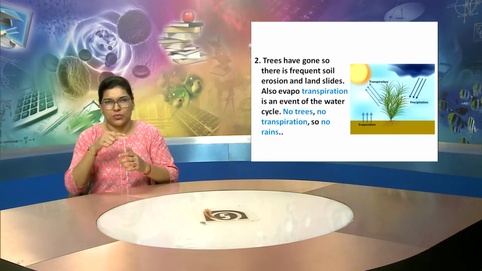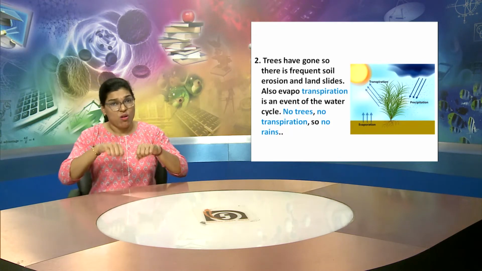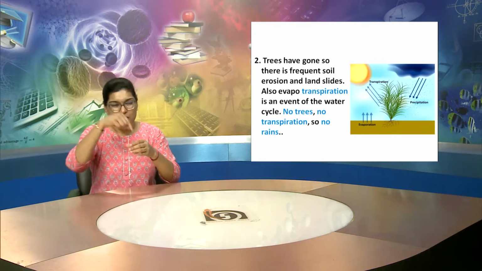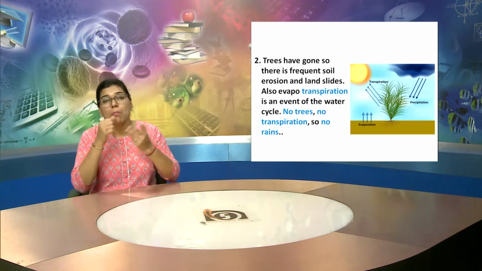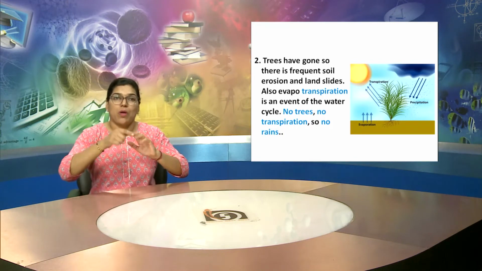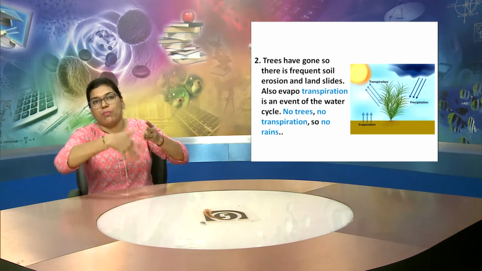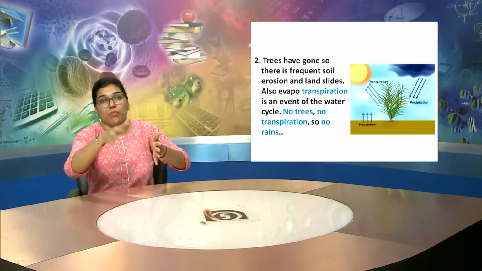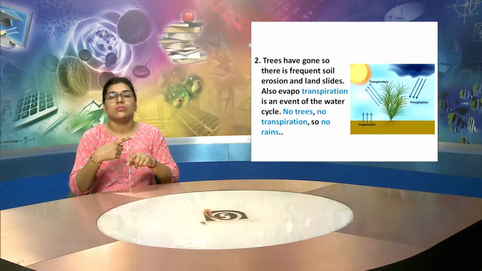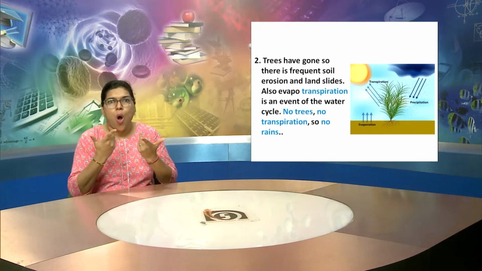Now this is the second point. Trees have gone, so when we cut all the trees, then there will be no more trees. So after trees are gone, there will be soil erosion and also landslides.